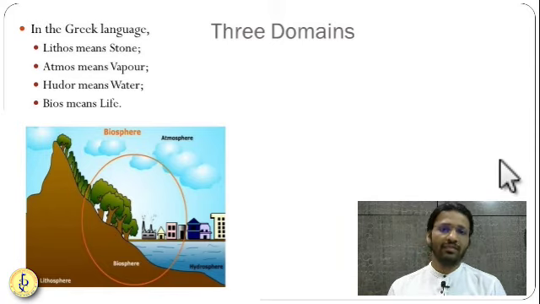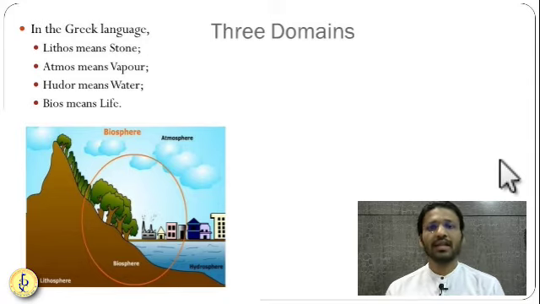In the Greek language, on the screen you can see the mountain or the solid part of the earth, known as the lithosphere. Lithos means stone in Greek. Then air: atmos, the blanket of thin layer of air, is known as the atmosphere.